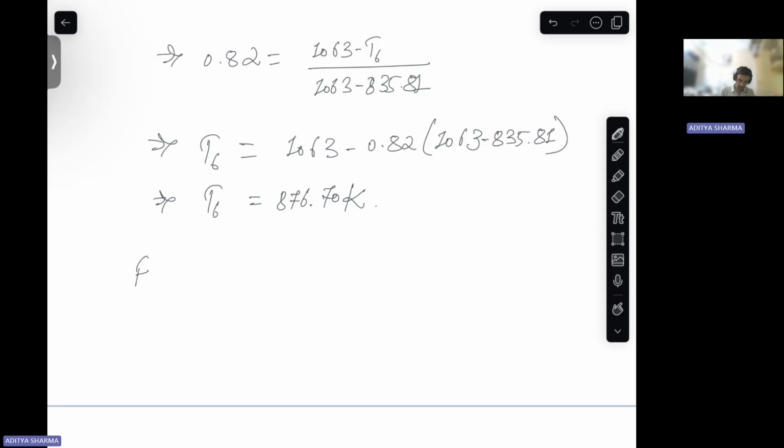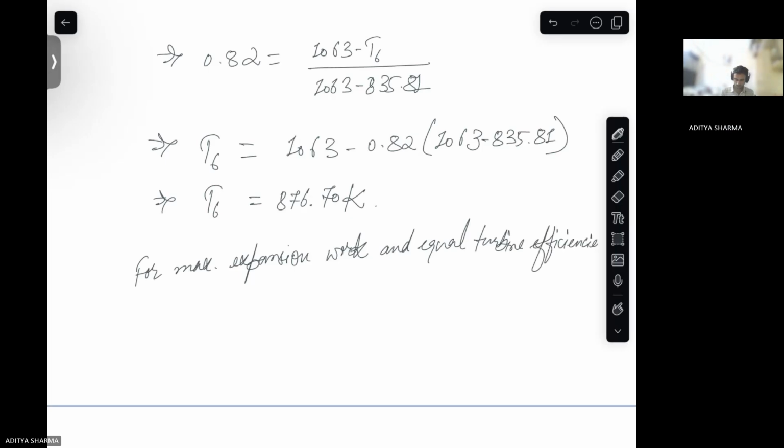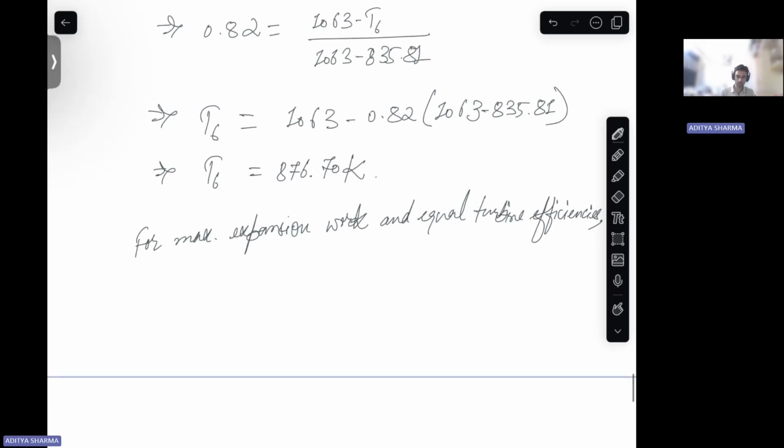Then because maximum expansion work condition has been given, and the turbine efficiencies are also equal, in that case T5 is equal to T7, T6 dash is equal to T8 dash, and T6 is equal to T8.